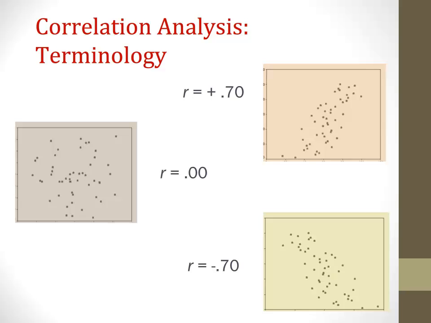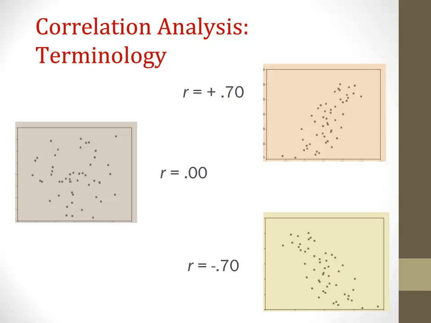However, here we notice that the line around which the points tend to cluster runs from the upper left to the lower right, and this indicates that the relationship is negative. However, for both the top and the bottom scatter plots, what we can note is that the relationship between variables for both of these data sets is strong.